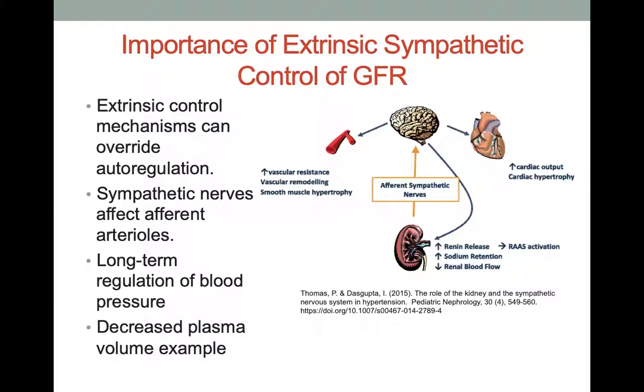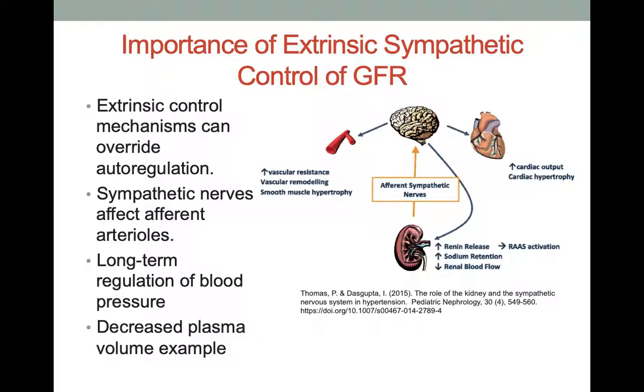Okay, the other method was the extrinsic sympathetic control of the GFR. And basically here, we can change the GFR on purpose, even when the arterial BP is in the range 80 to 100 millimeters of mercury. We do this through extrinsic control that overrides the autoregulation mechanisms that are in place.